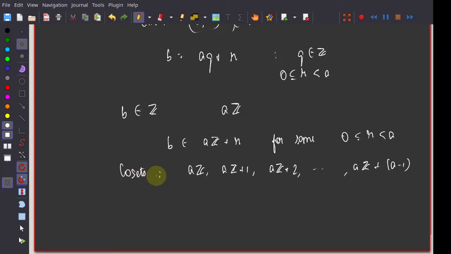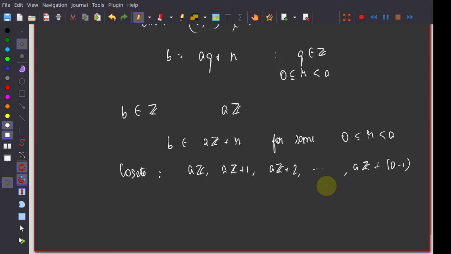So these form a partition of Z. So given any integer b, b will obviously lie in one of these cosets. And more importantly, we're using some specific coset representatives, that is, the set of all coset representatives are those between 0 and a minus 1. So this is a group theoretic interpretation of this particular statement.